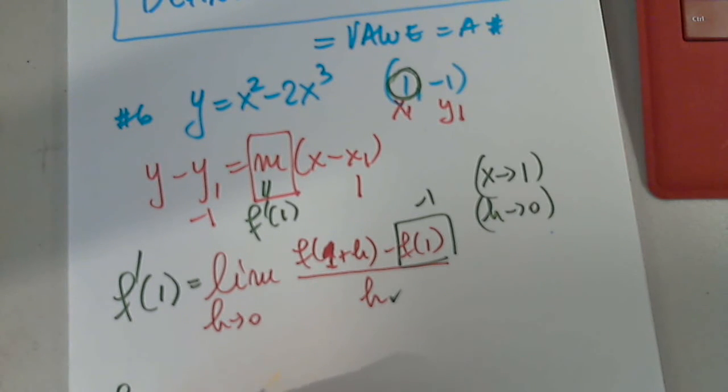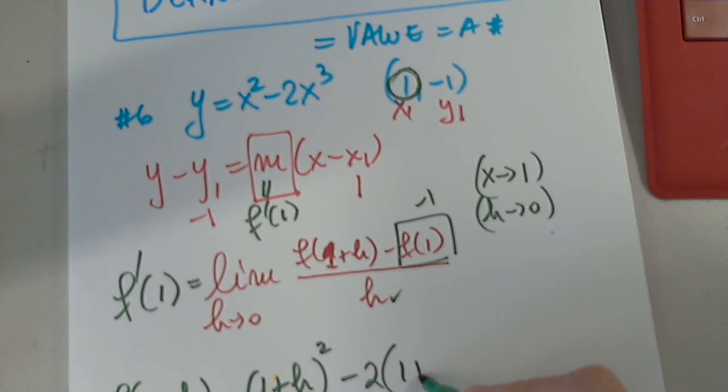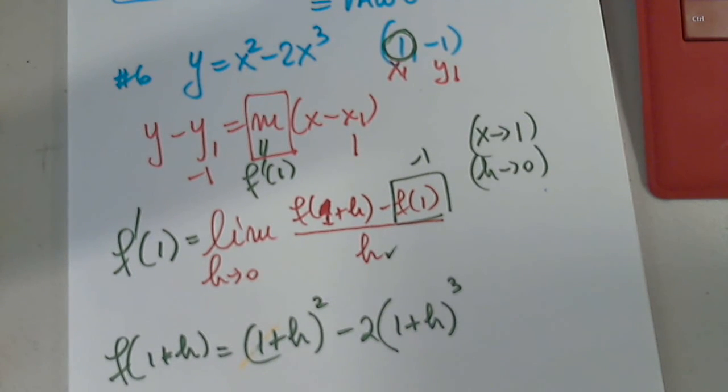Okay, so f of 1 plus h is 1 plus h, everything squared, minus 2 in parentheses, 1 plus h cubed. Now, we have several options: expand this, and then expand this, and then try to simplify, combine like terms. What I recommend, however, is factor out.